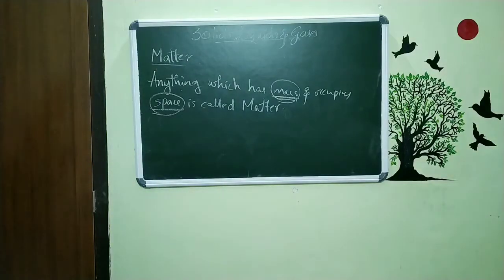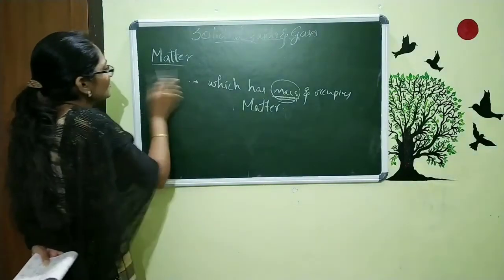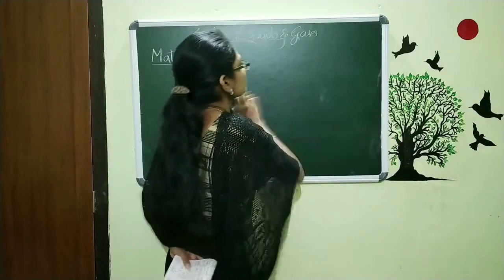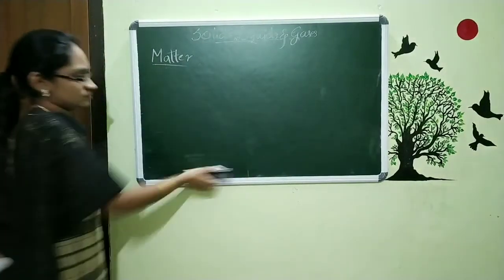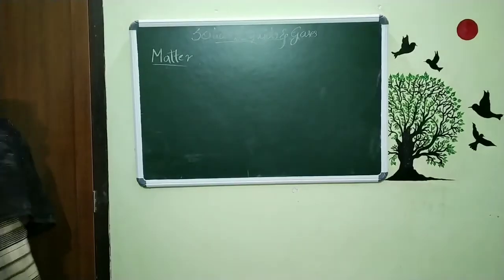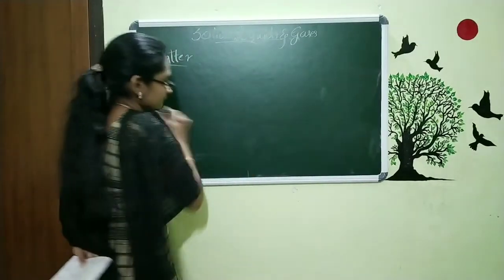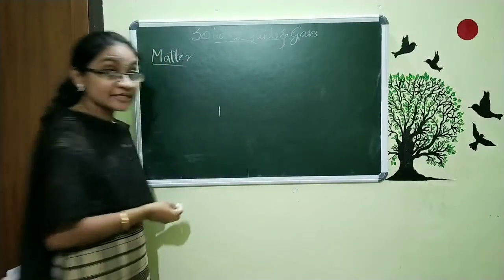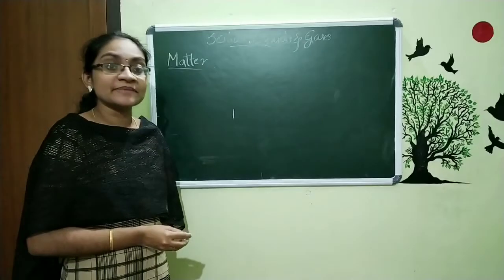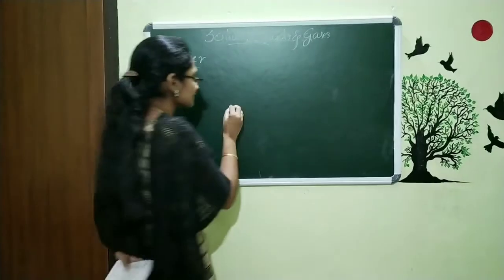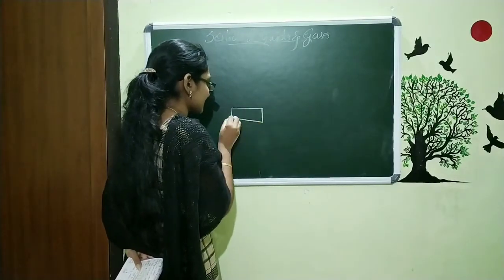So, now my question is, what is this matter made of? For example, you just observe here. We are making buildings. How are we making the buildings? We are making buildings using some sort of bricks or stones like that.